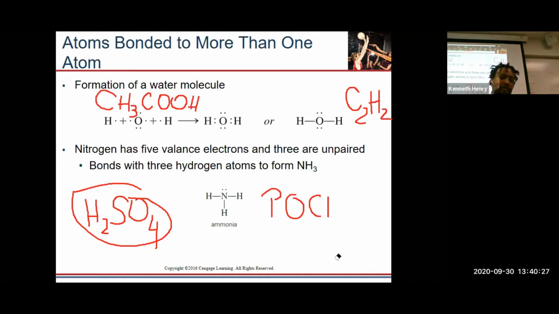Okay. Let's do this. Let's make it a little more challenging. Hold on. There you go. Okay, so if we're adding an electron, what does that mean that we're going to do?